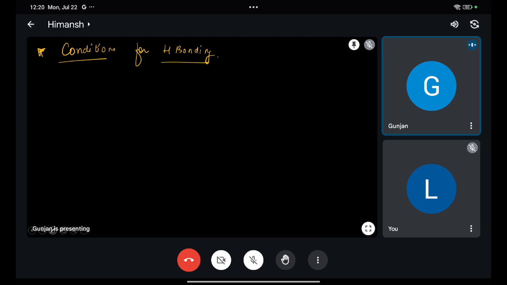Conditions: when can hydrogen bonding happen? First is high electronegativity of the atom bonded to hydrogen, right?